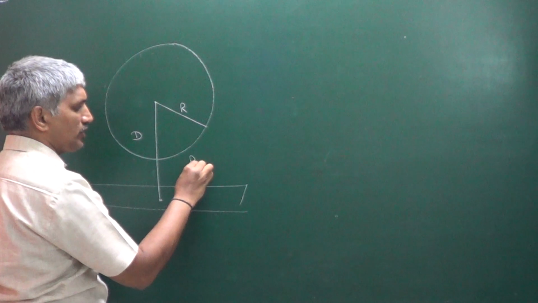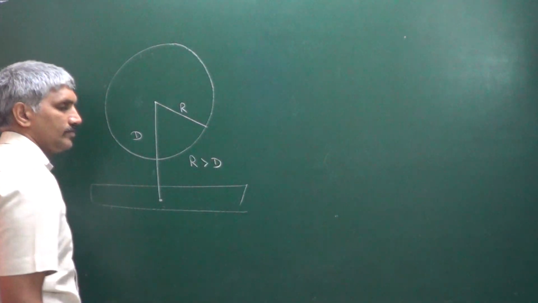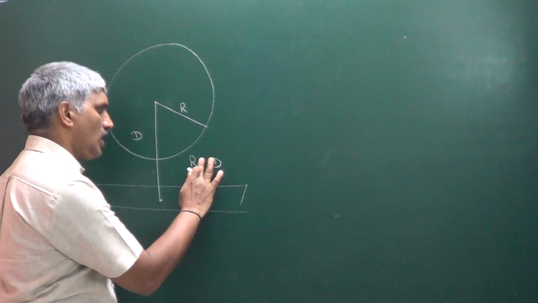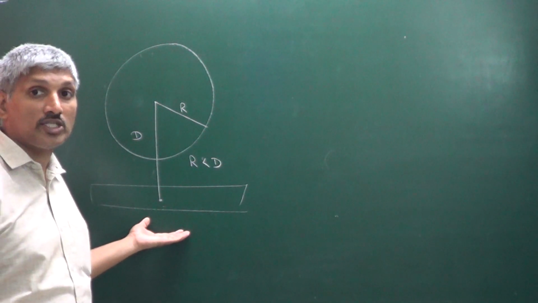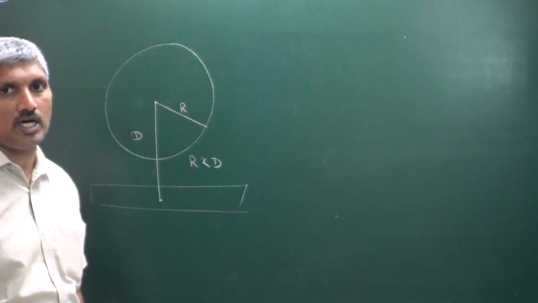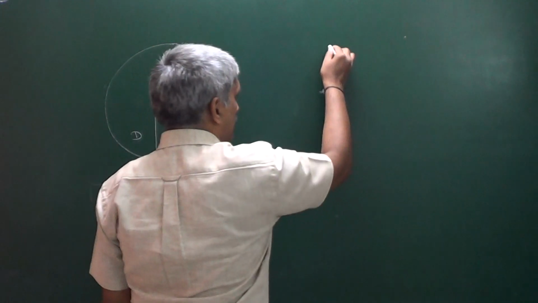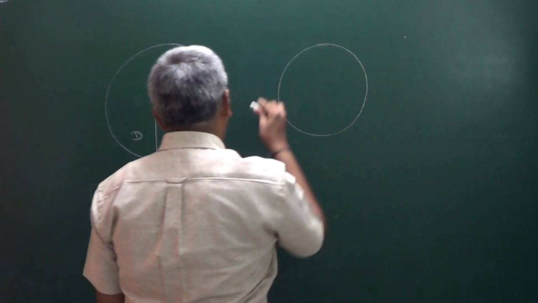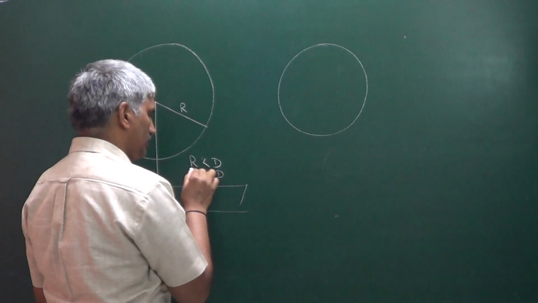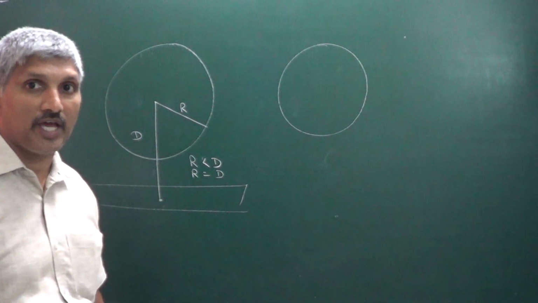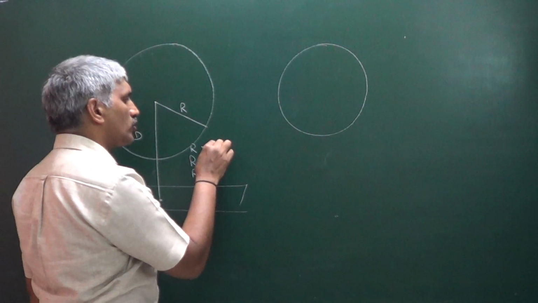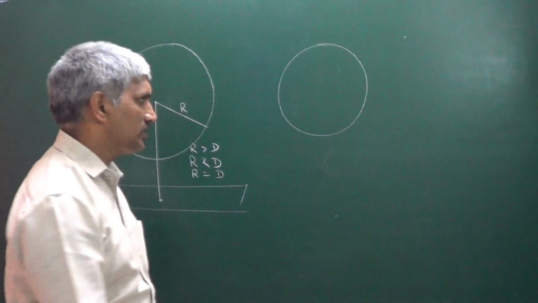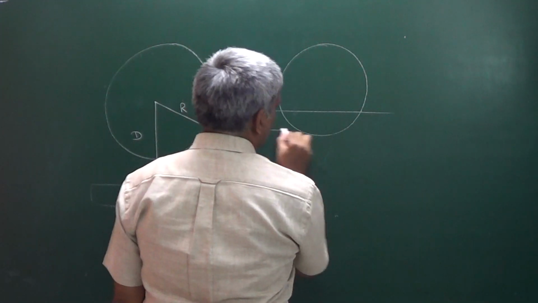If r value is less than d, then the plane does not touch or intersect the sphere. Whereas in the other case, when r value is equal to d, then the plane touches the sphere. If r value is more than the perpendicular distance, then the plane cuts the sphere.